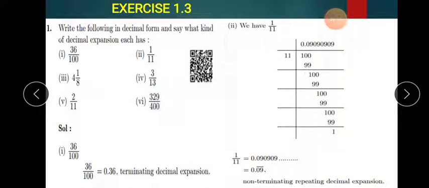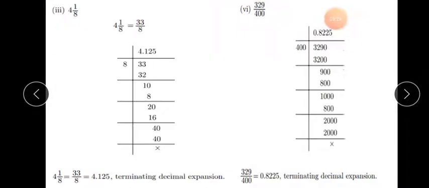Okay, let us see some more questions. 4 1 by 8. Now 4 1 by 8 is a mixed fraction, so we have to convert it into an improper fraction. How will we do it? We'll multiply 8 and 4, that is 8 fours are 32. Then we'll add this 1. So 32 plus 1 is 33 by 8. Now we'll go on dividing. So 33 divided by 8. I will not explain how division is done.